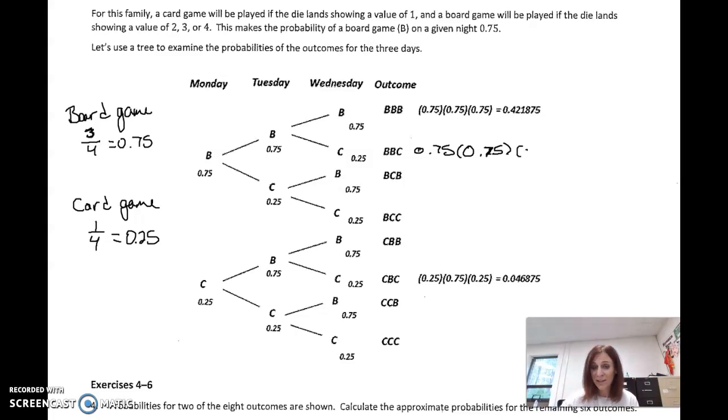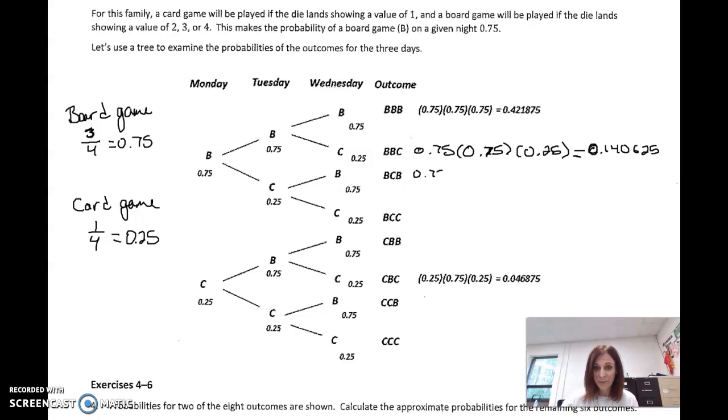There's only a 1 out of 4 chance, 0.25. You type all of that into a calculator, this times this times this, and you get 0.140625.